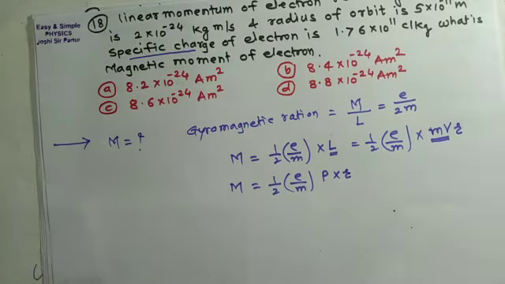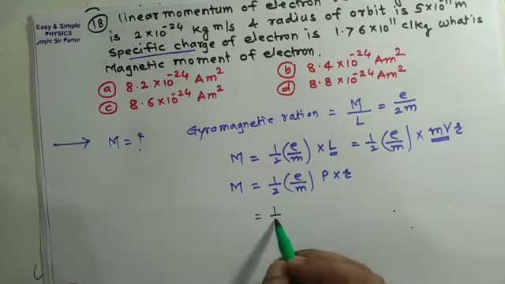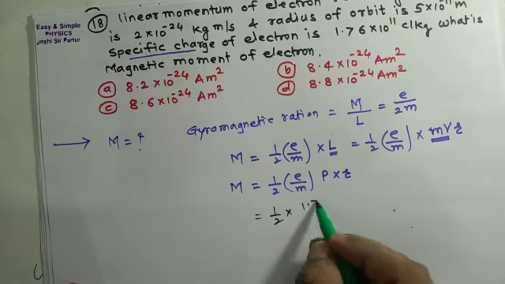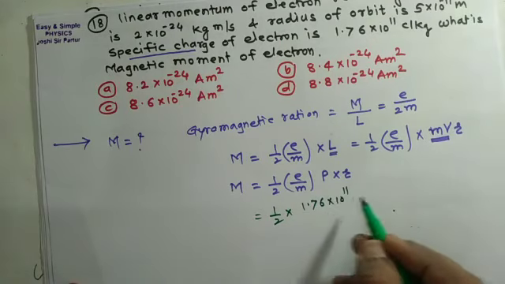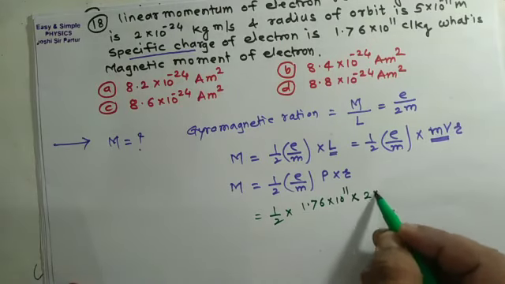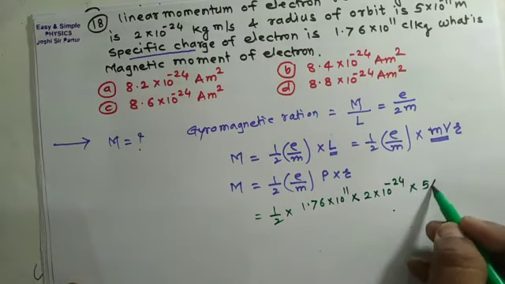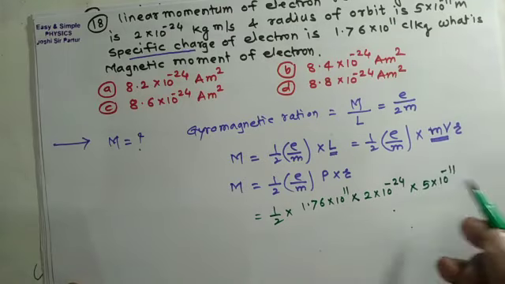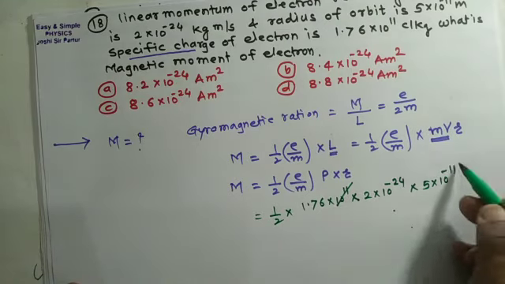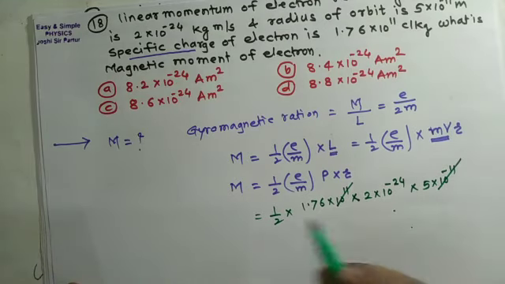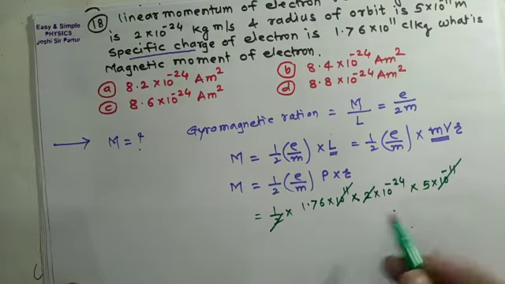If we substitute the values, half multiplied by 1.76 into 10 raised to 11, multiplied by 2 into 10 raised to minus 24, multiplied by 5 into 10 raised to minus 11. The 10 raised to 11 and minus 11 get cancelled. So the 2 get cancelled.